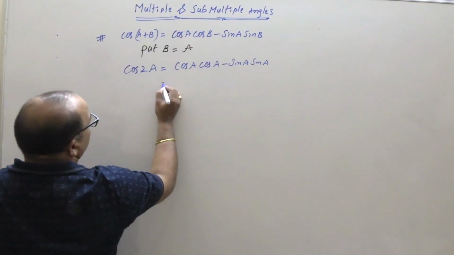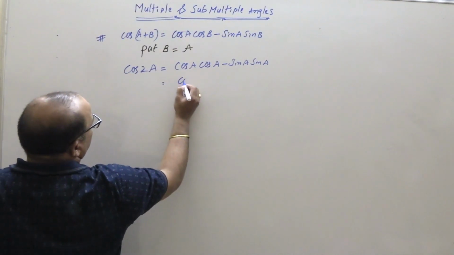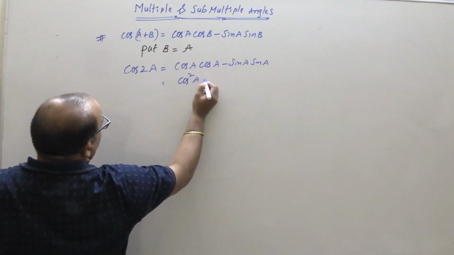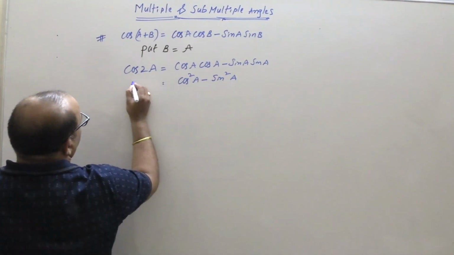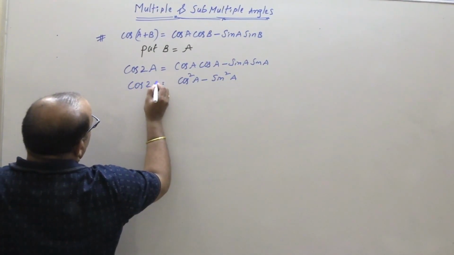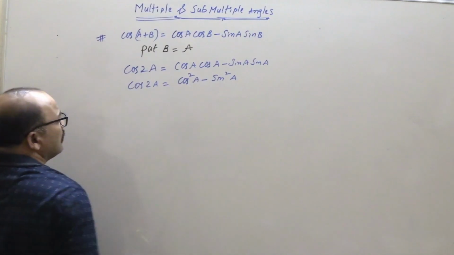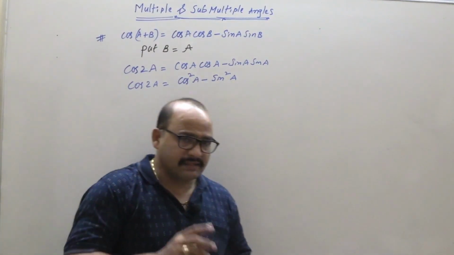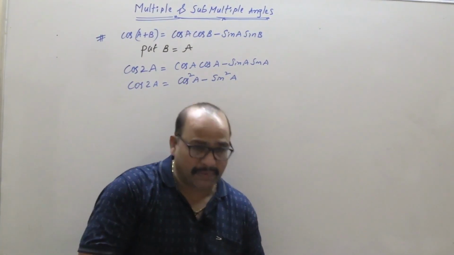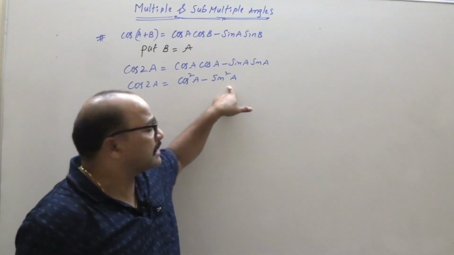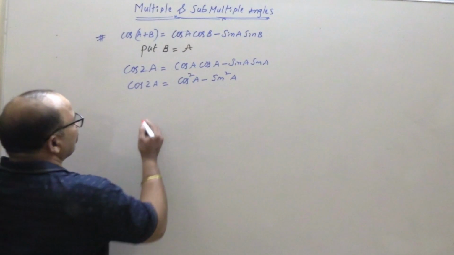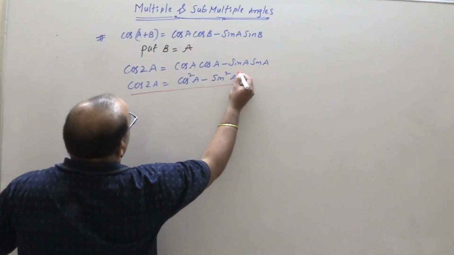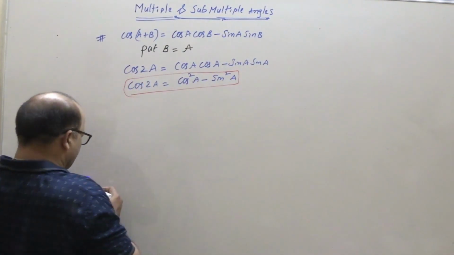Cos a into cos a, cos square a; sin a into sin a, sin square a. Cos 2a is equal to cos square a minus sin square a. Be careful, you should remember it like that. Cos square a plus sin square a is 1. So cos 2a formula is cos square a minus sin square a.